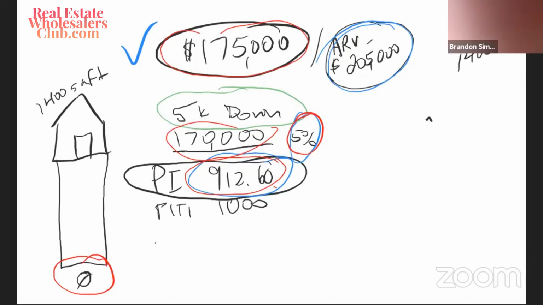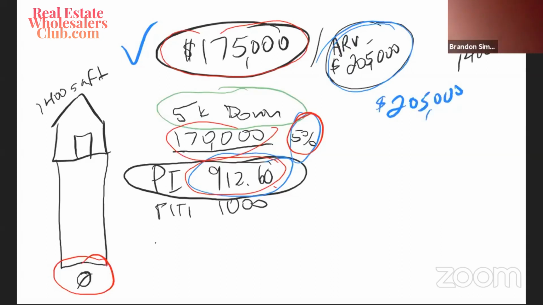So if I just want to make it rent ready and I'm using Mateo's strategy, I can easily sell this for 205. So I want to do the numbers on this just using Mateo's strategy here. My asking price is going to be 205.